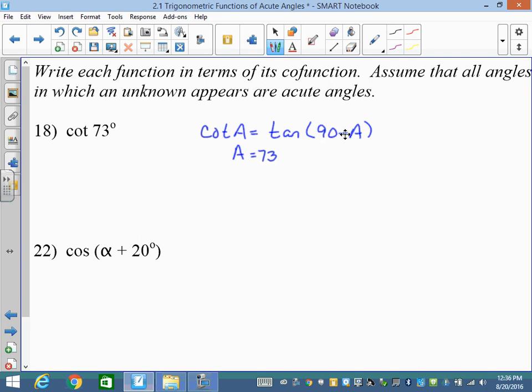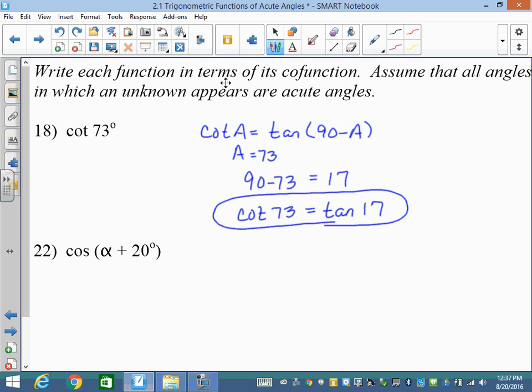So what we need to do is find out what this angle is. 90 minus 73 gives us 17. So cotangent of 73 is equal to tangent of 17. That's what they're wanting you to do, write it in terms of its cofunction. So the answer on this one would be tangent of 17.